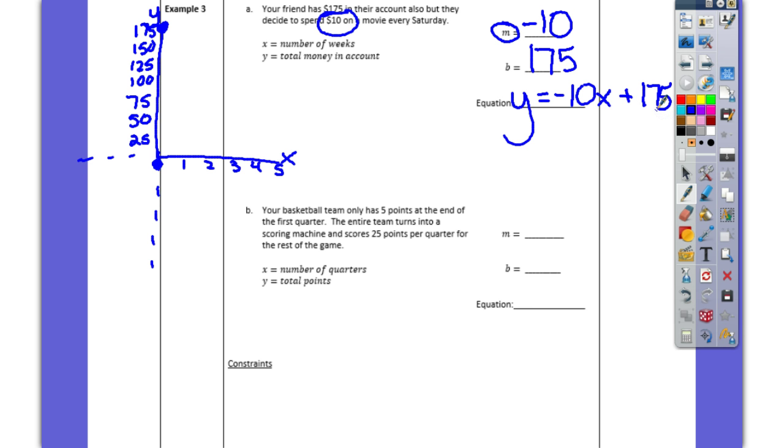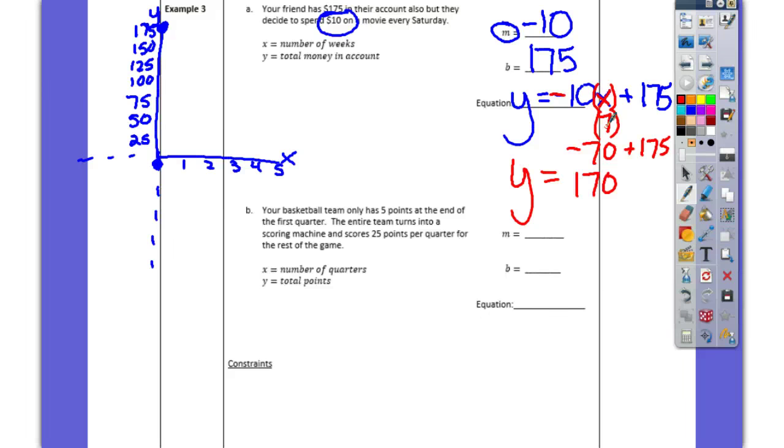So let's solve that. What if I said after 7 weeks for this x, what if I put in 7 for x? How much money will your friend have in their account after 7 weeks? Y would equal, well, what's a negative 10 times 7? What's negative 70 plus 175? 170. So after 7 weeks of going to a movie, your friend would have $170 left?